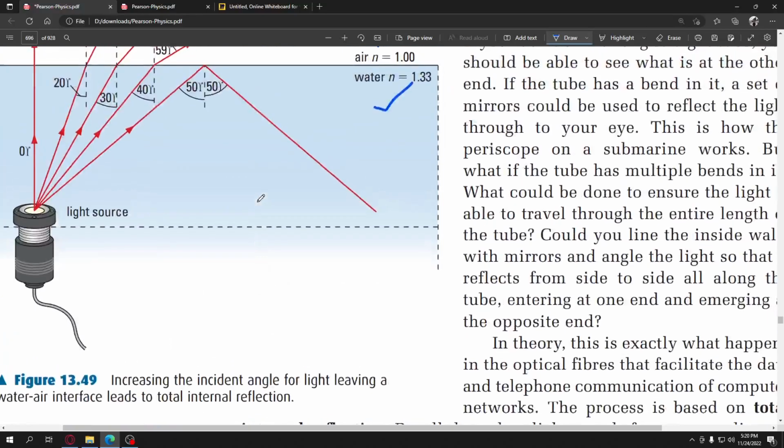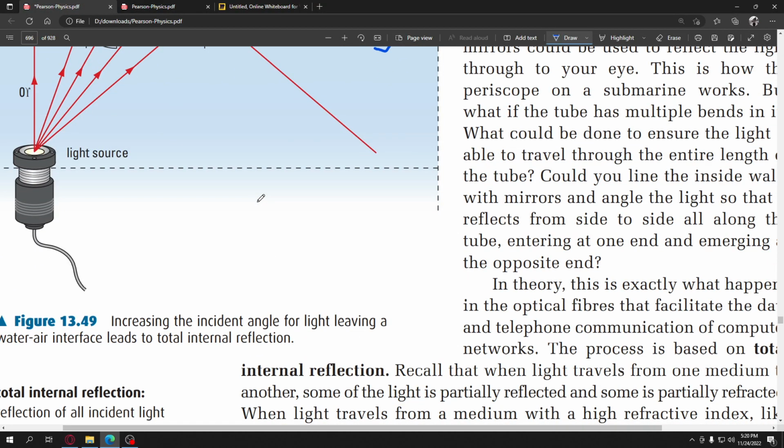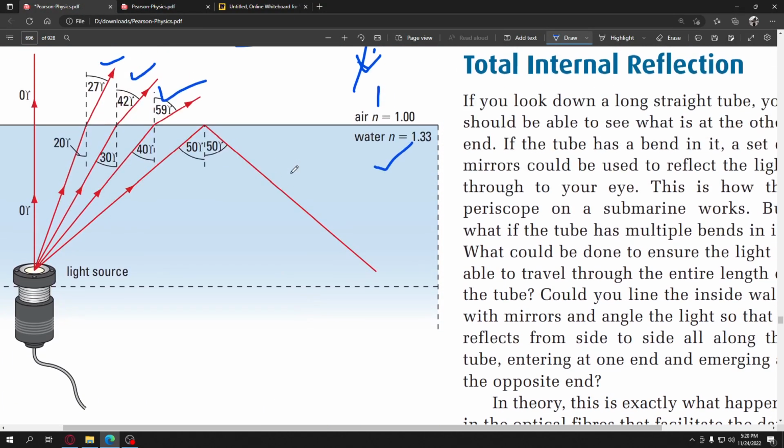Okay, from here there is another concept you need to know, which is critical angle. What is critical angle? Let's find out. So when this is 30, here it is a 42 degree angle, when this is 40, here it is 59 degrees. So you see this theta is getting smaller and smaller.